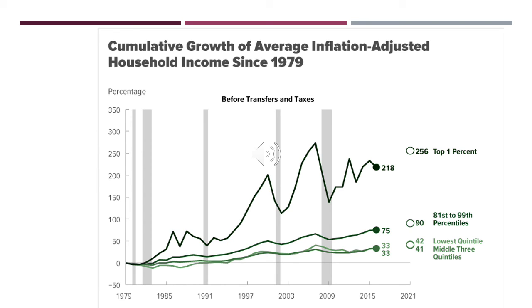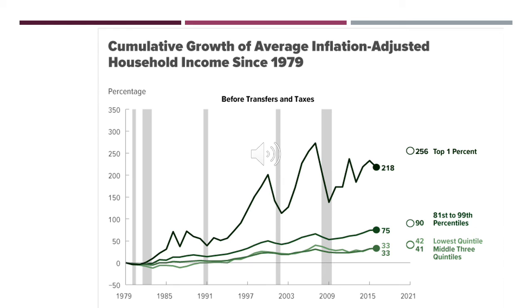Notice what happened to both the lowest quintile and the middle 3 quintiles during and after the 2008-2009 recession. They didn't take the nosedive that the top 1% did, but they didn't have as far to go. But notice that where the top 1% has really rebounded, that lower 80% really hasn't.